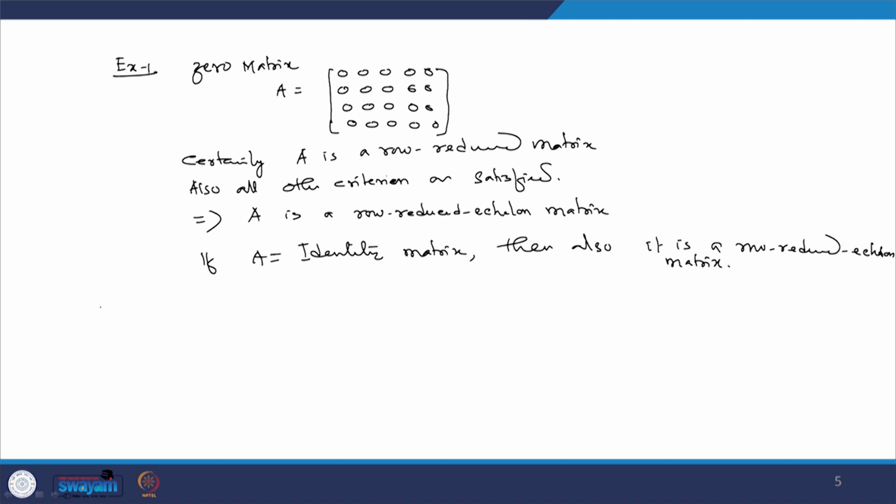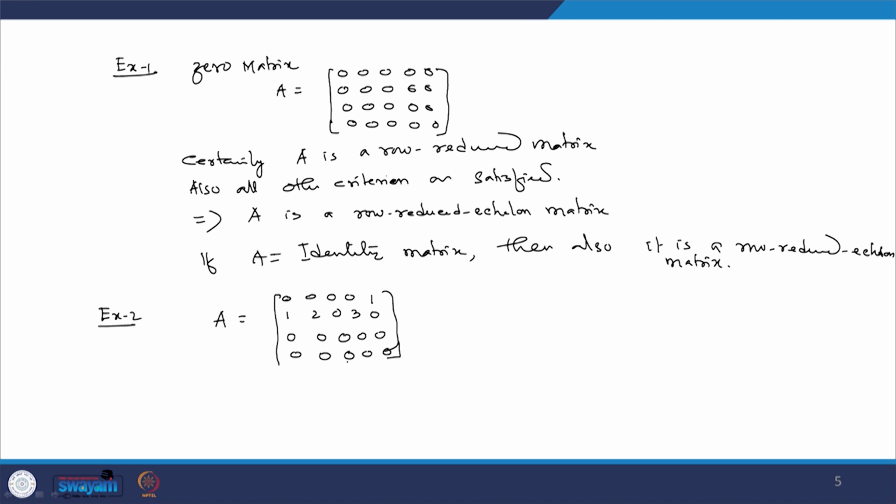Now, let me take some non-trivial examples. Let me consider A equal to, say, 0 0 0 0 1; 1 2 0 3 0; 0 0 1 4 0; and 0 0 0 0 0.